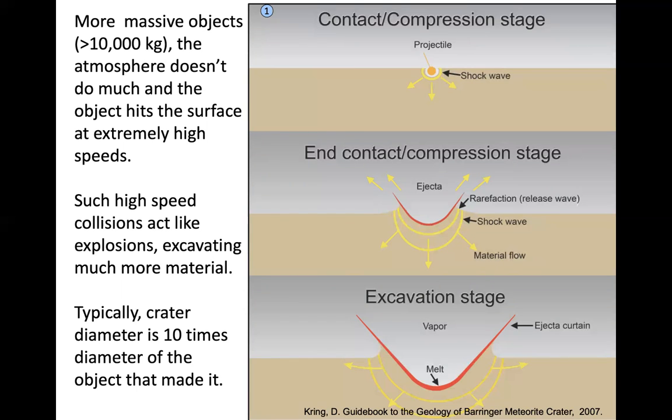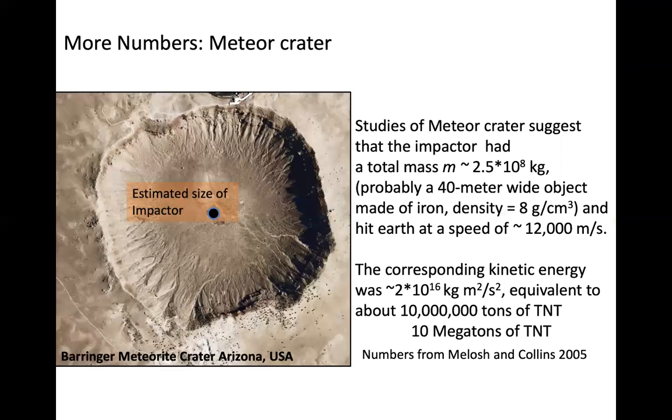And it works out that the crater you make is typically 10 times the size of the object that produced it. This has been studied in detail for a couple of different impacts. On Earth, Meteor Crater is one good example. Since it's a well-preserved crater, we have a sense of what it was. It turns out it was probably a metal-rich object, which meant it could be a little smaller.